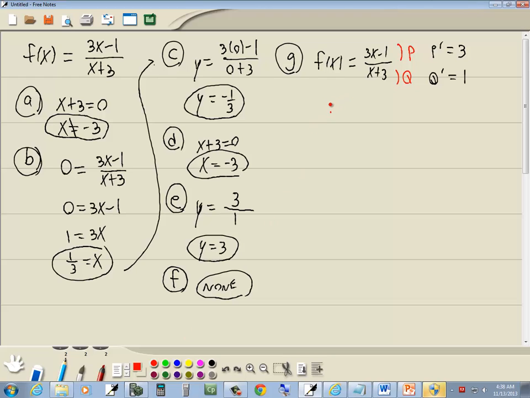Our formula for the quotient rule is p prime q minus p q prime, all over q squared. p prime was 3 times q, which is x plus 3, minus p, which is 3x minus 1, times q prime, which is 1.